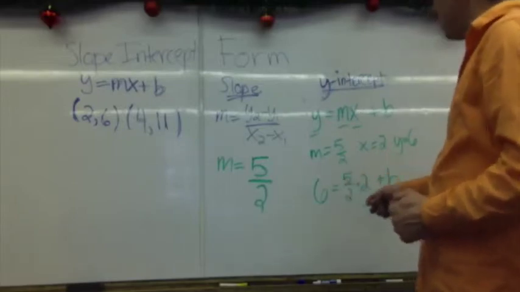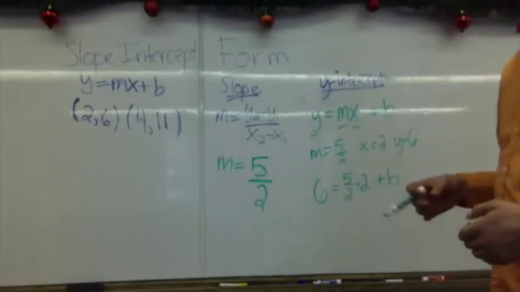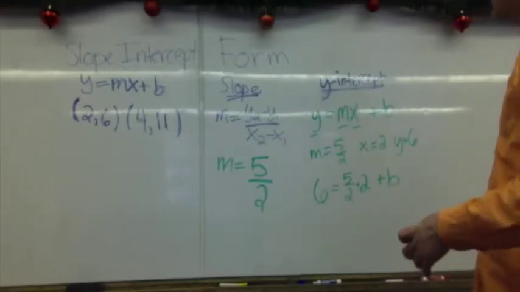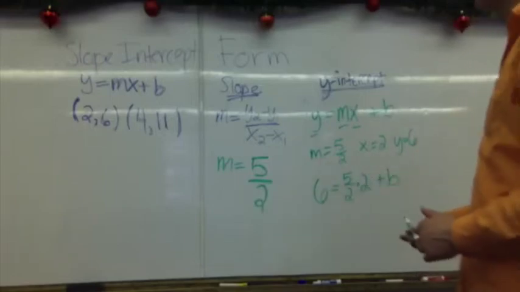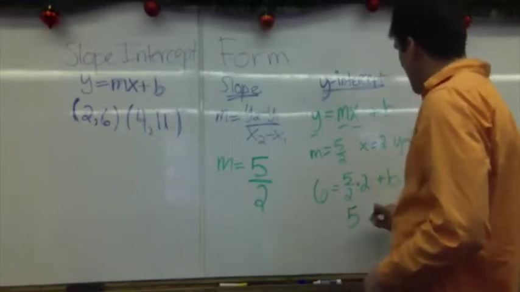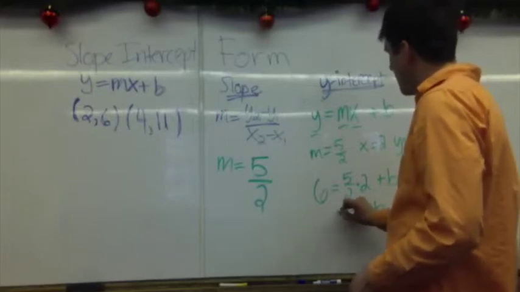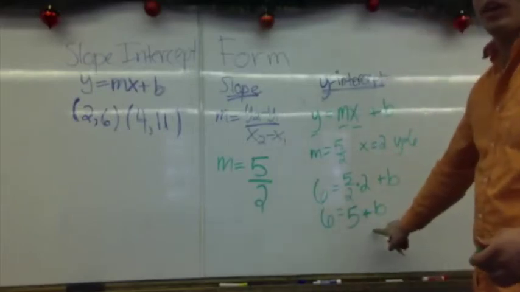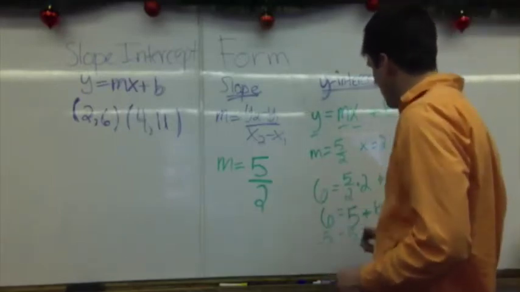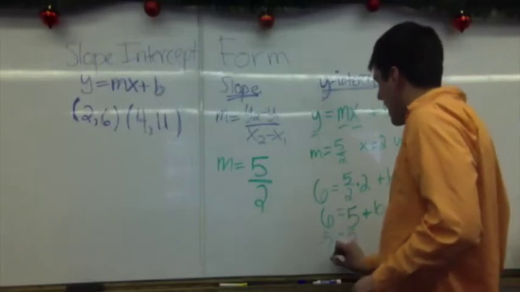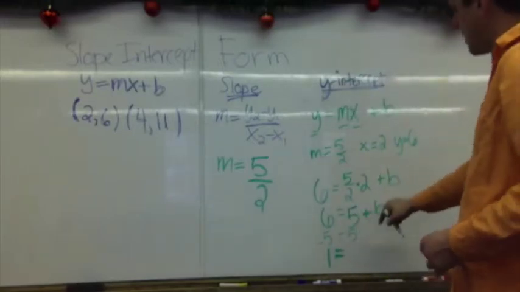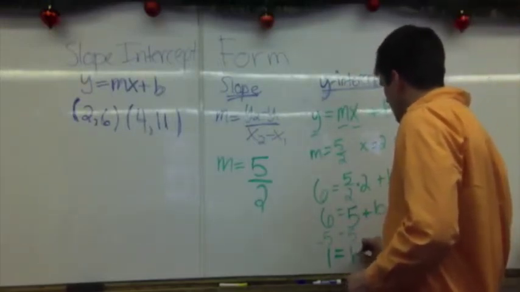Multiplying 5 halves times 2 equals 5. Then write the rest of your equation out. To get b alone, you have to subtract 5 from both sides. So 6 minus 5 is 1. So 1 equals b, and b is 1.